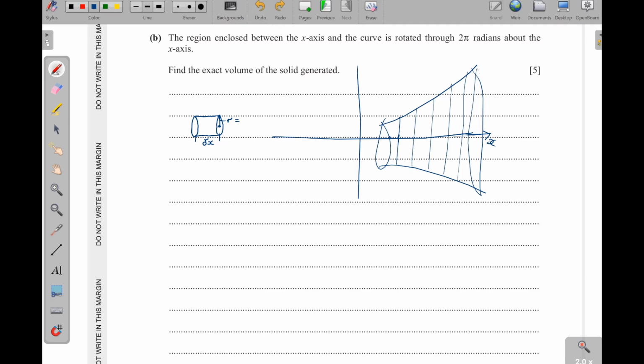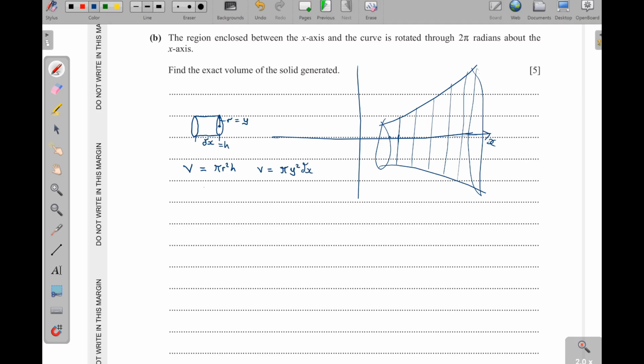So meaning we shall have r, which is equal to y. Now volume of a cylinder is given by pi r squared h. The cross-sectional area, which is area of the circular part, then times the height. And this delta x is the height. So meaning your volume here, we are rotating about x-axis, is going to be equal to pi, then y squared, and then the delta x.